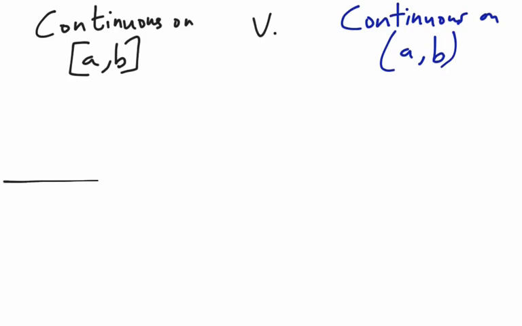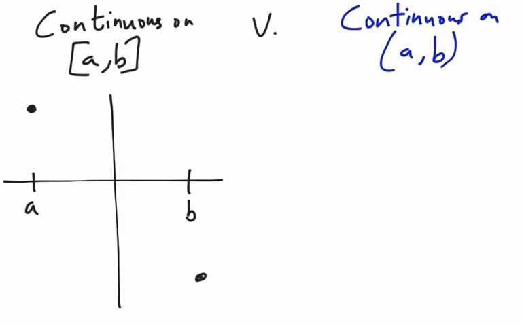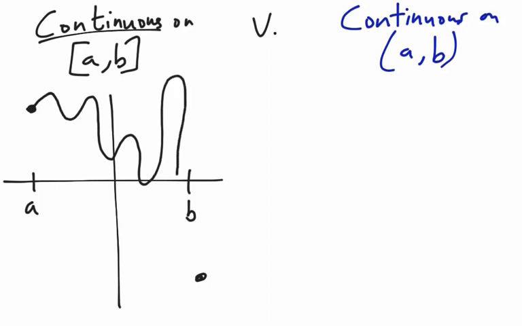So if we have continuity on a closed interval AB, that means that we have some two x values a and b, and because they're closed, that means that they are part of the function. So closed interval, that means that you have some point at a and some point at b, and if the function is continuous, that means that you can draw any function without lifting up your marker, your pen or pencil, or your electronic iPad stylus.